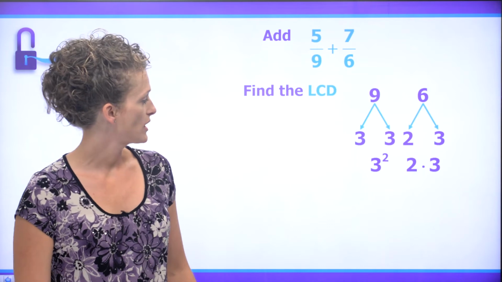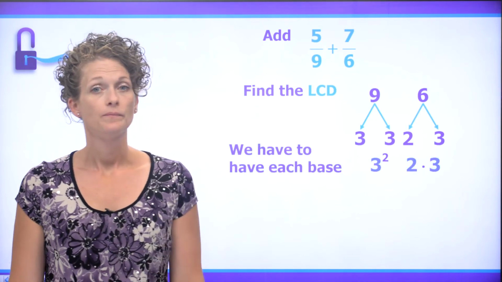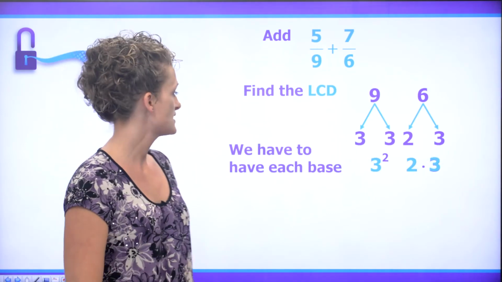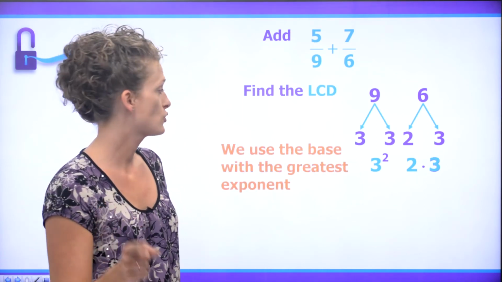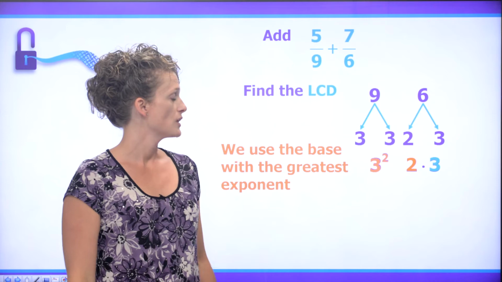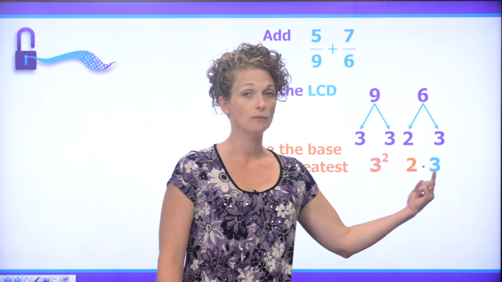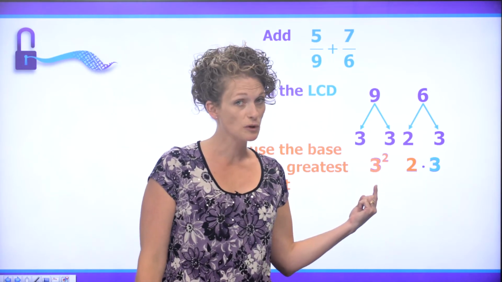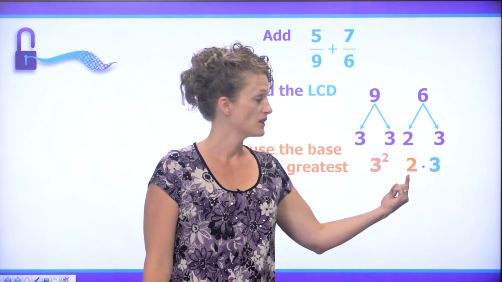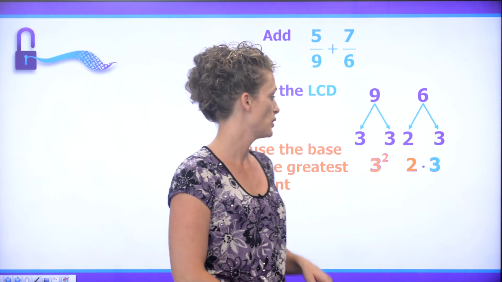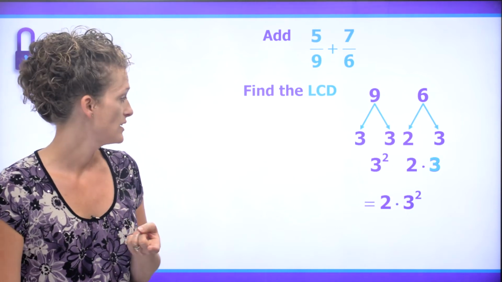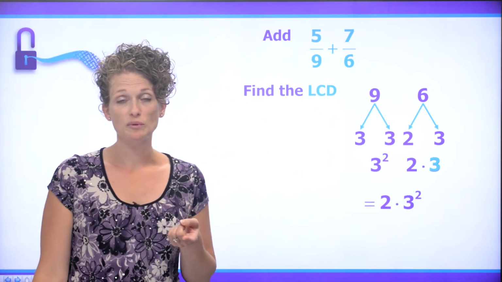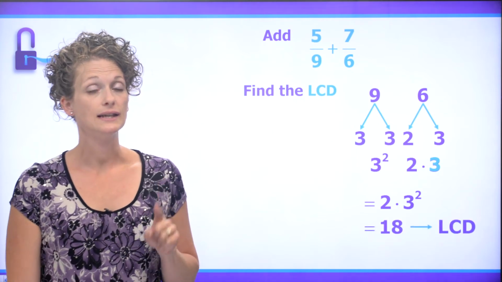So out of 3 squared, 2 and 3, those are our bases, and when we want the LCD, we have to find the one with the greatest exponent. So the 3, since there's 2 of them, we choose the greatest exponent, which is 2, and there's only one 2, so we have to keep both of them. And so 2 times 3 squared is our LCD. If we multiply that together, we find that our LCD is 18.